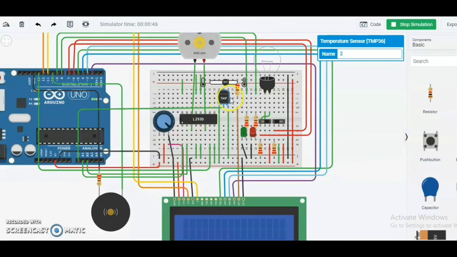And also, the DC motor will be on as a fan or a cooler to reduce the temperature in the machine or device. So the system will avoid damage until the temperature is reduced.